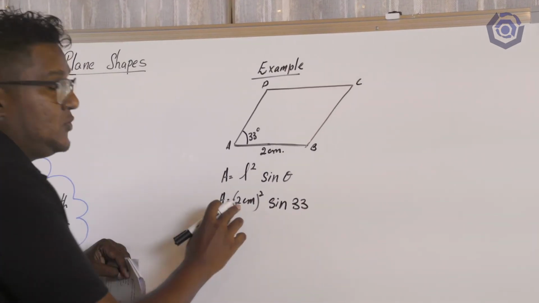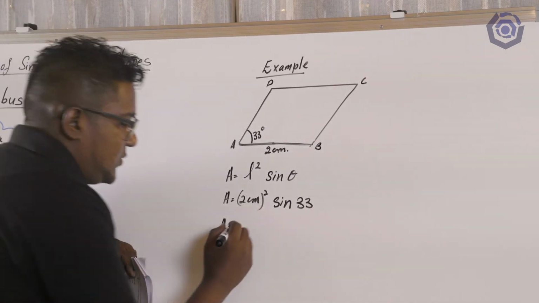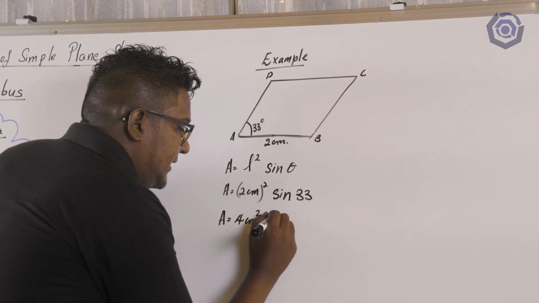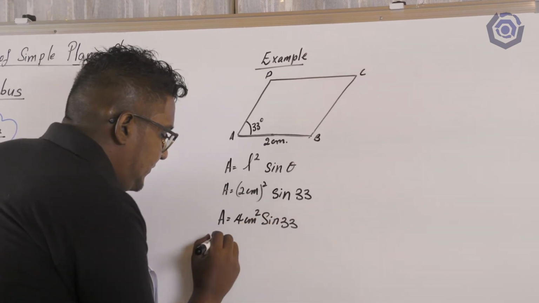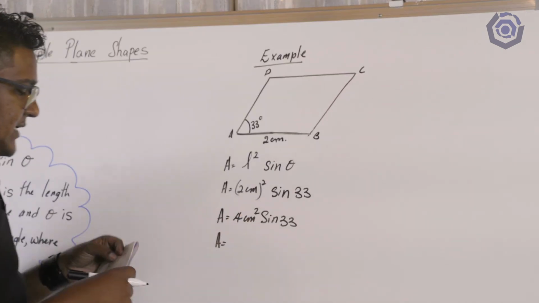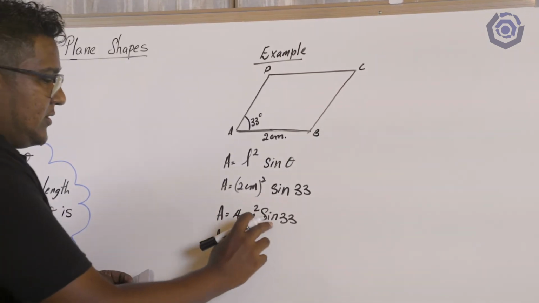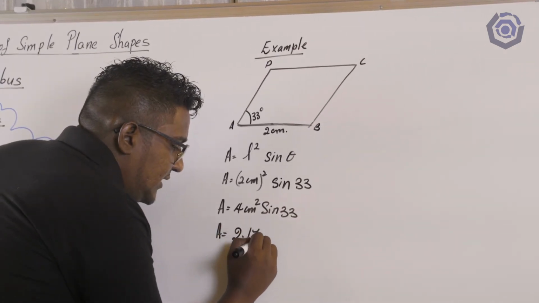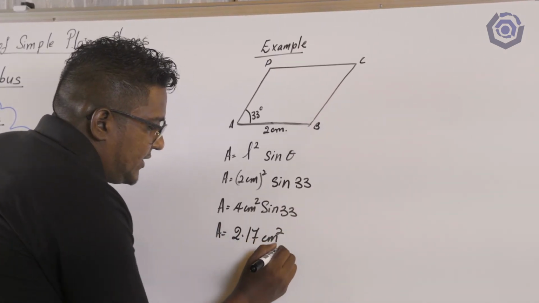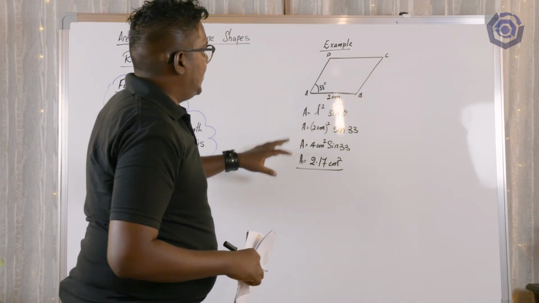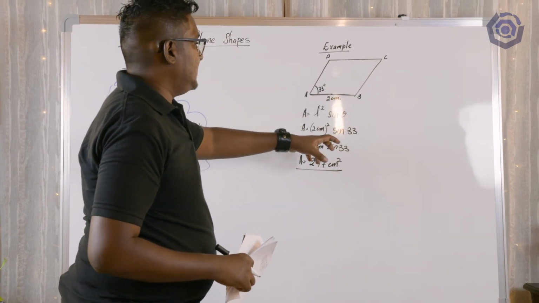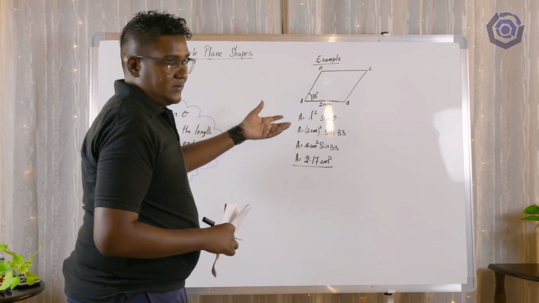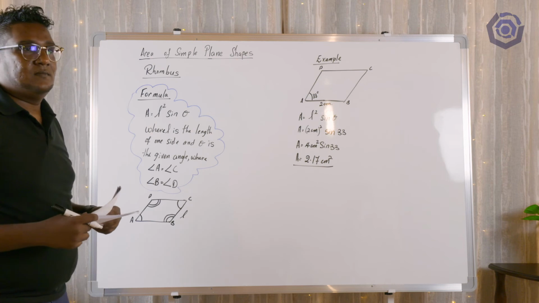A is equal to 2 squared, which is 2 times 2, which is 4 cm squared sine 33. A is equal to, we use our calculator and we put in 4 sine 33, and that's going to give me 2.17 cm squared. And this is the area of the rhombus when you are given the length and one angle. So we use this method when we're given the length and one angle.